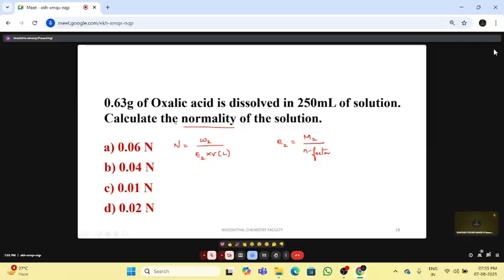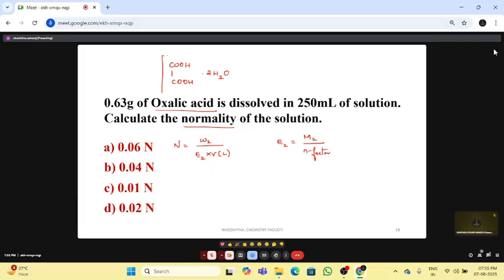So here the solute is oxalic acid. Could you please tell me the formula of oxalic acid? Oxalic acid's formula is COOH-COOH with 2 moles of water molecule.